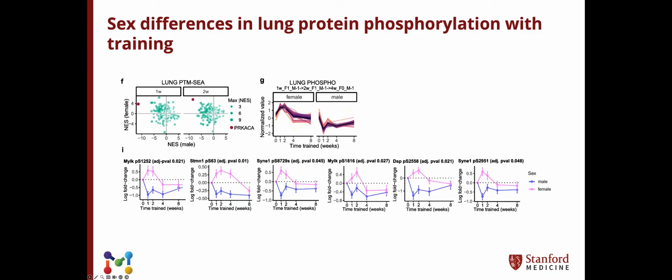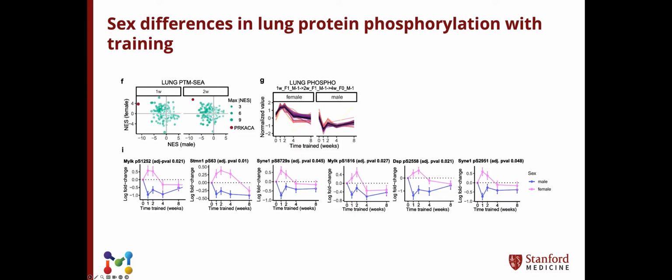So we can see the trajectory here. We see this early upregulation of associated phosphosites in the females, and at the same time point, these phosphosites decrease in males. And down at the bottom here, you can see some of the individual phosphosites that are driving this difference in enrichment.